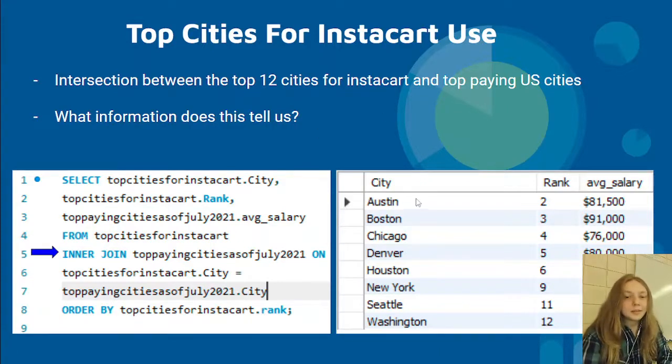We can see places like Austin, Boston, Chicago, and we have the ranking between 1 to 12 in terms of where that city ranks in being a top paying city. You can see Austin is the second top paid, Boston is the third, Chicago is the fourth. And then a little bit lower, we can see Seattle and Washington on the lower end of that high paying ranking, along with the average salary.